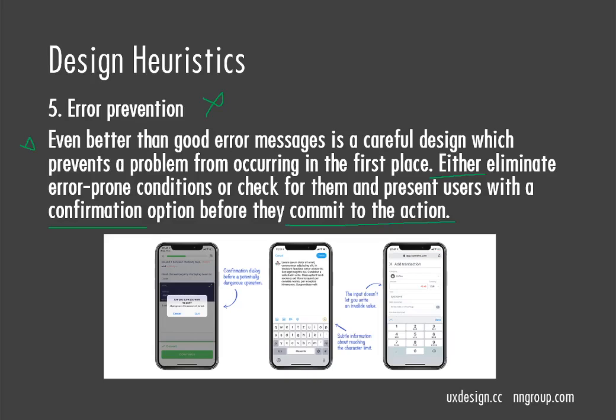Like in the example, ask the users before they commit the mistake, or showing the character limit in Twitter, or input that doesn't let you write an invalid value.